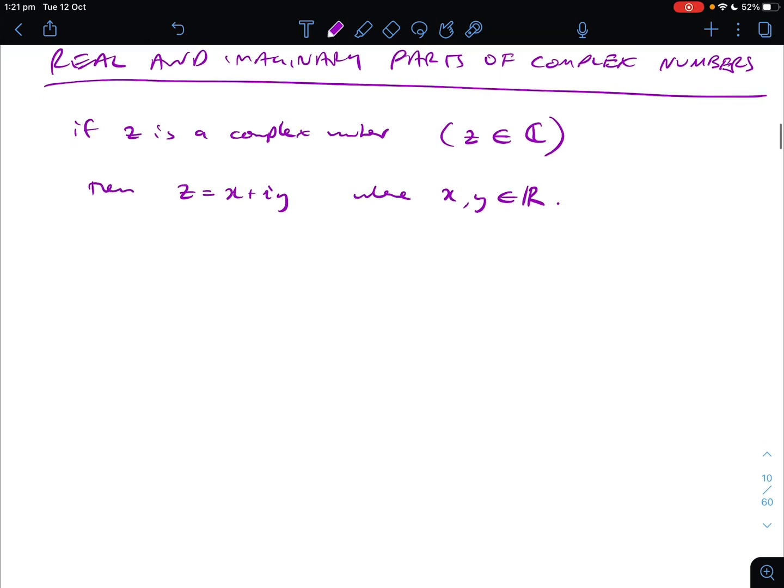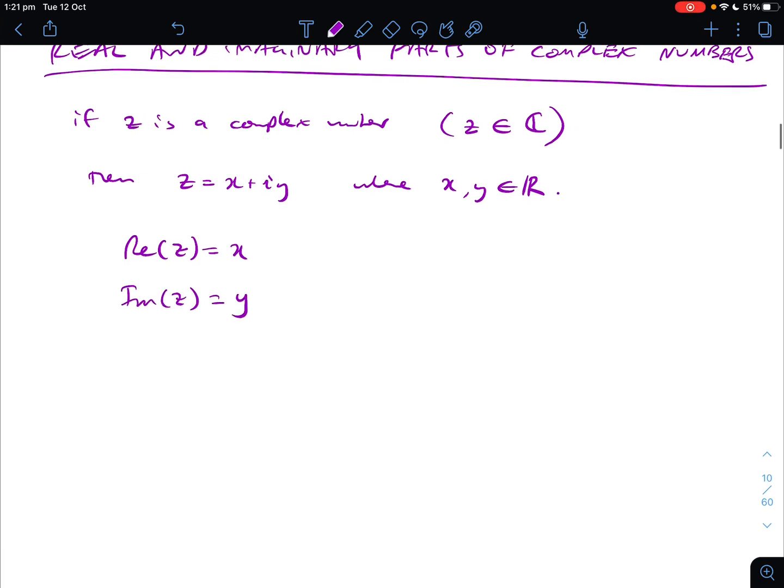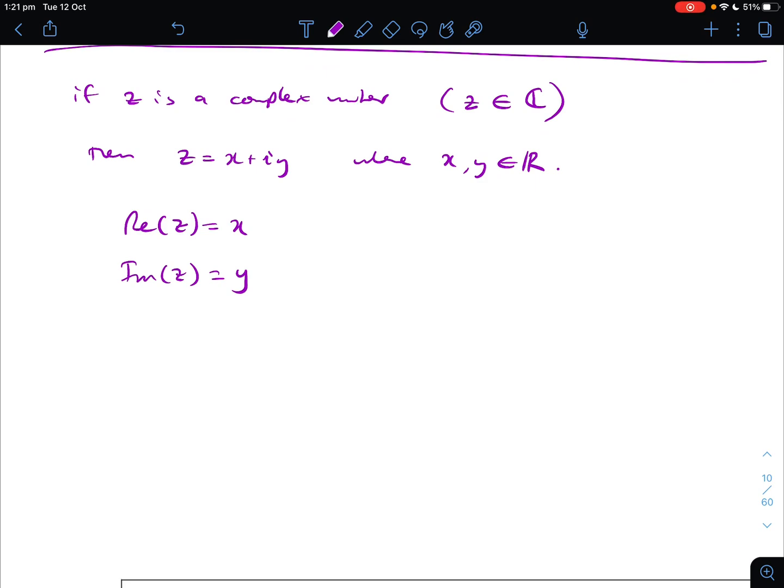You can write z as a real number x plus i times another real number. And those two numbers have names. The real part of z is the x value, and the imaginary part of z is the y value. Now, this is an important point.